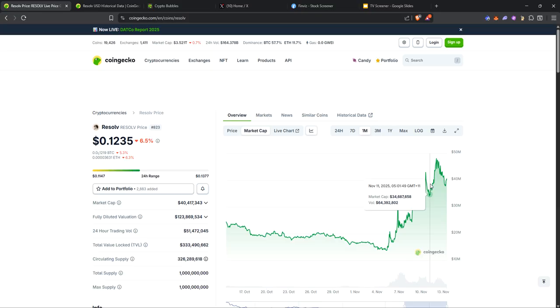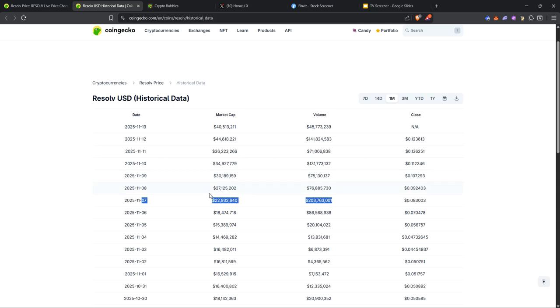So that's condition number two. Look at overcrowded trades by looking at the 24-hour trading volume relative to its market cap and FDV. From 50% onwards, it's on your radar for shorting. If it's consistently more than 100%, and you want to look for a trend, you want to look at consecutive days.